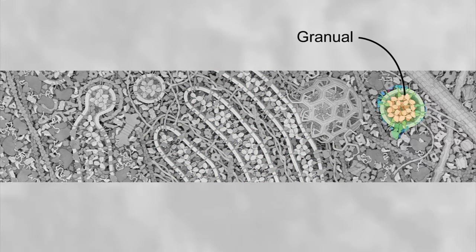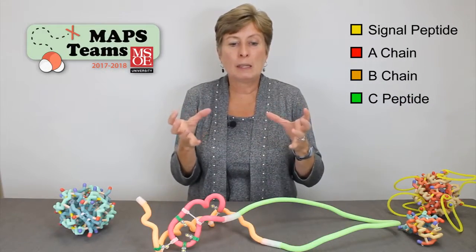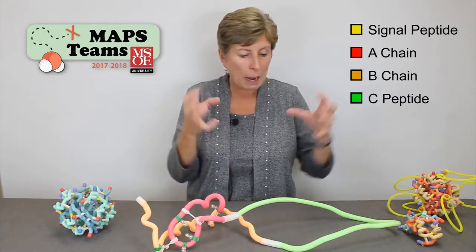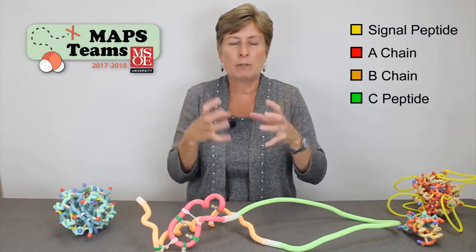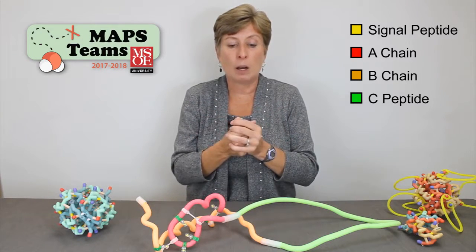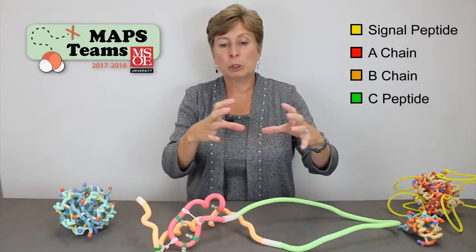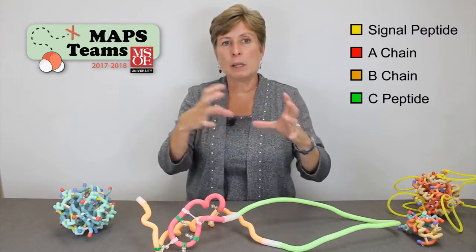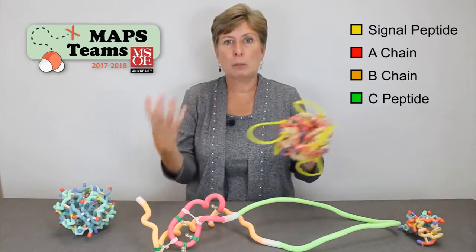And these granules have all of the enzymes and other things that they need in order to package these things as hexamers and then crystallize into very high concentrations of insulin. And so what happens is these granules mature over time, and as they mature, the insulin gets to the point where it's ready to be released.